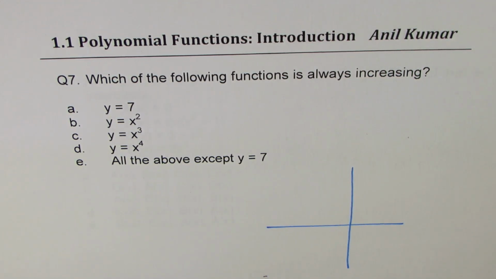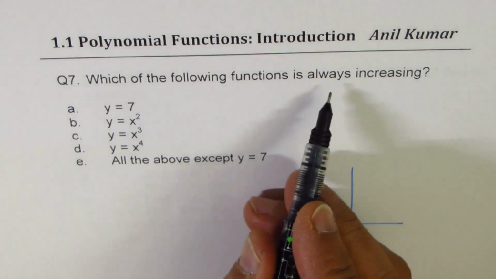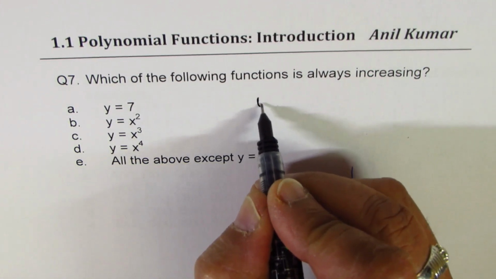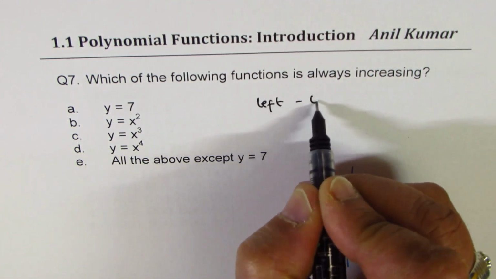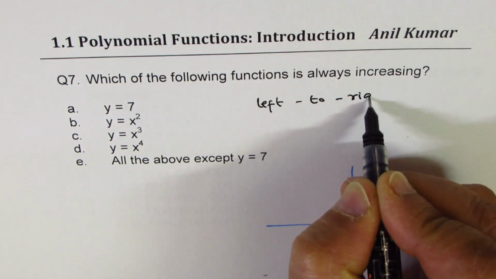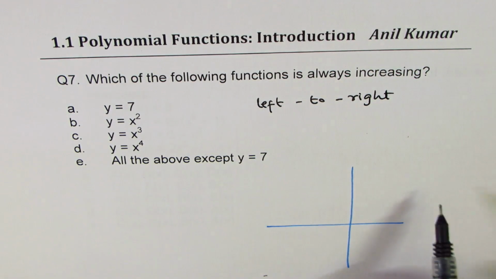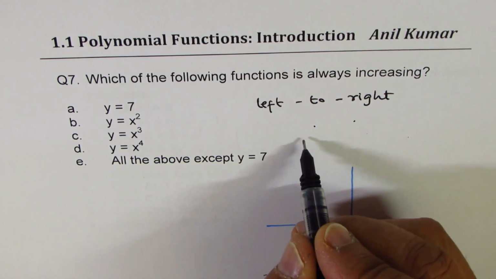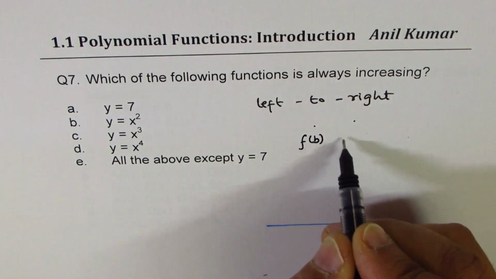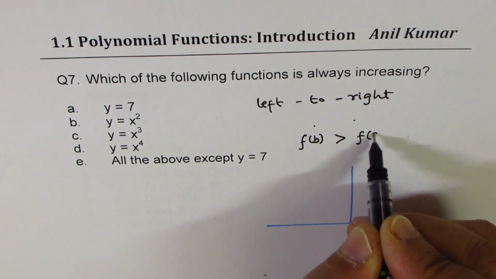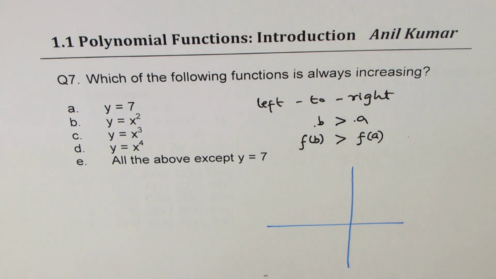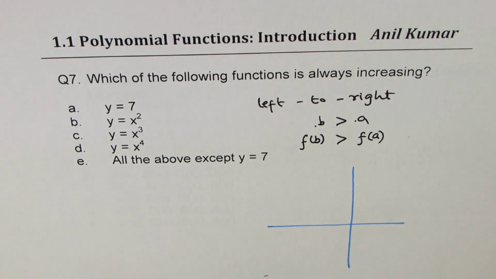Let's understand the meaning of always increasing. We should always see the graph from left to right. Always increasing means if there are 2 points A and B, then f of B is greater than f of A if B is greater than A. That is the condition.